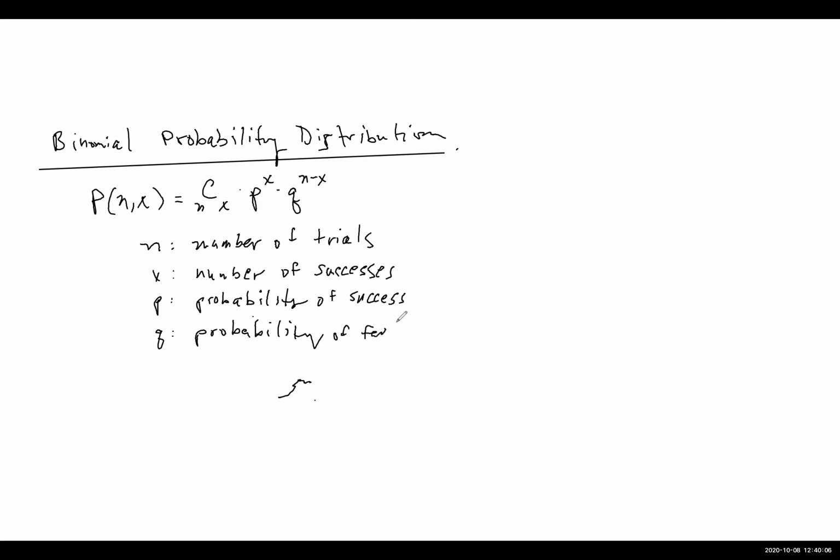The nice thing about binomial distributions, since there's only two outcomes and they have to add up to one, once you're given the probability of success, then it's easy to calculate the probability of failure because it's just one minus the probability of success.